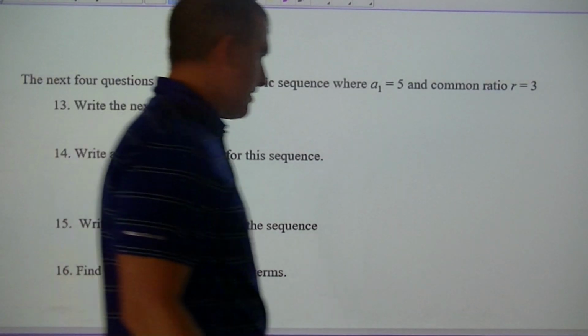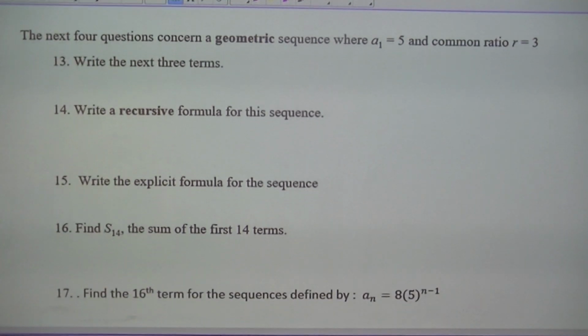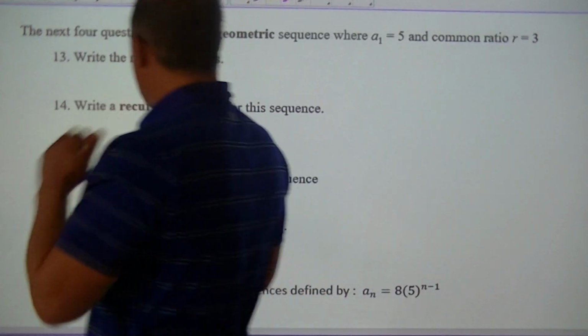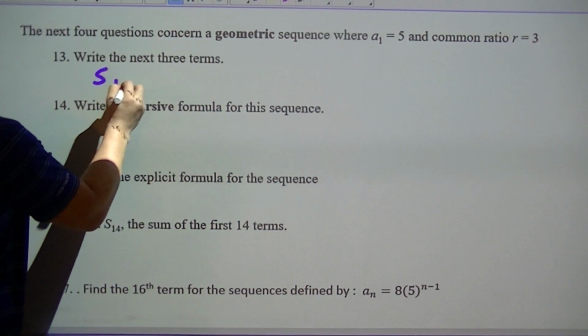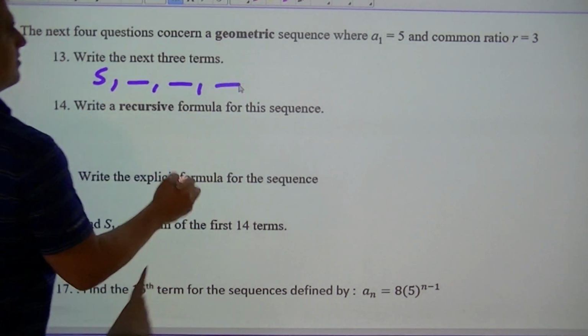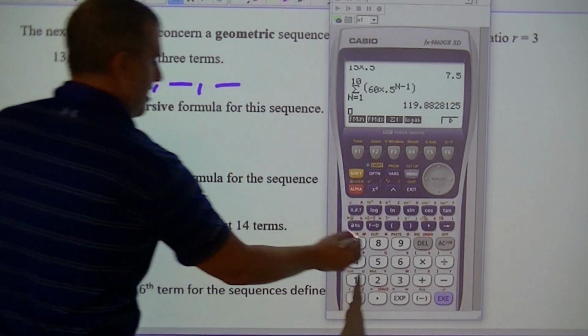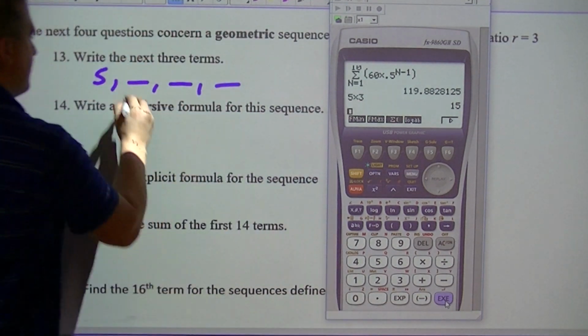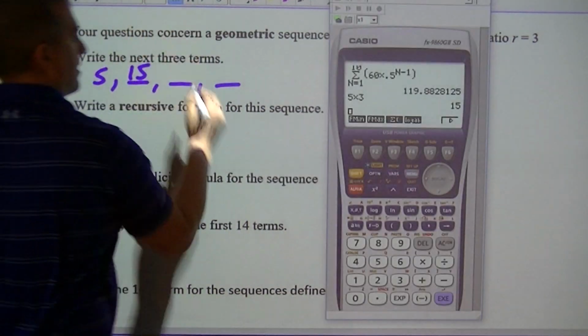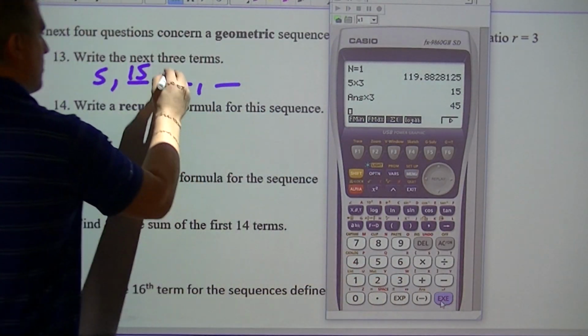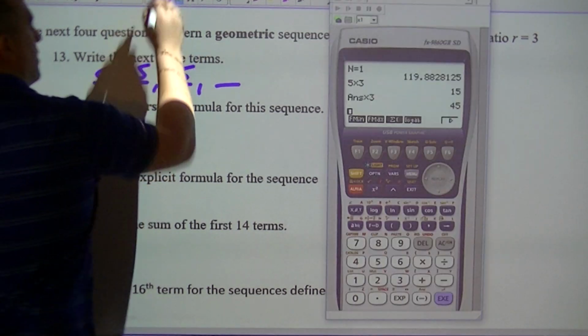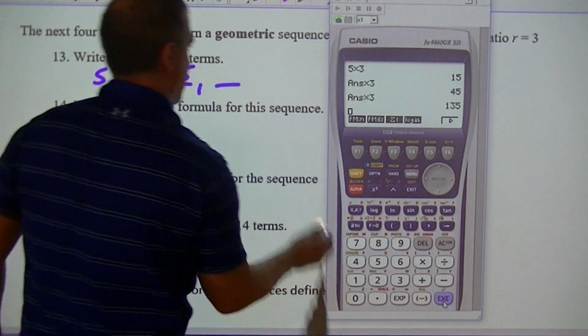Same deal. Next three terms. I would start with 5, three blank spots, and I would do 5 times 3, 15 times 3, 45 times 3, 135.